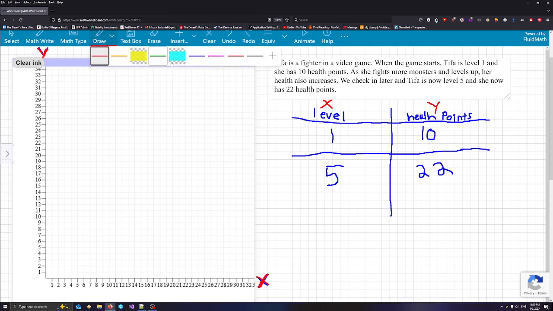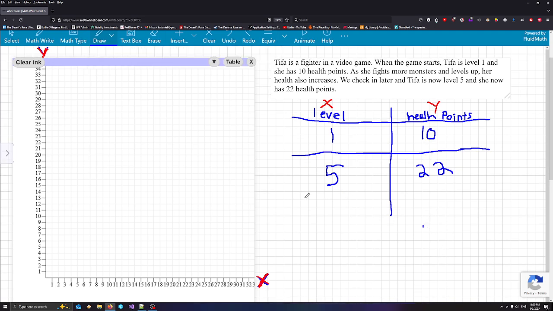Now, let's plot our points like we did yesterday. We have level 1, so let's go to 1, and then at level 1, how many hit points do we have? We have 10. So we go to 1 on the X, and then go all the way to 10.